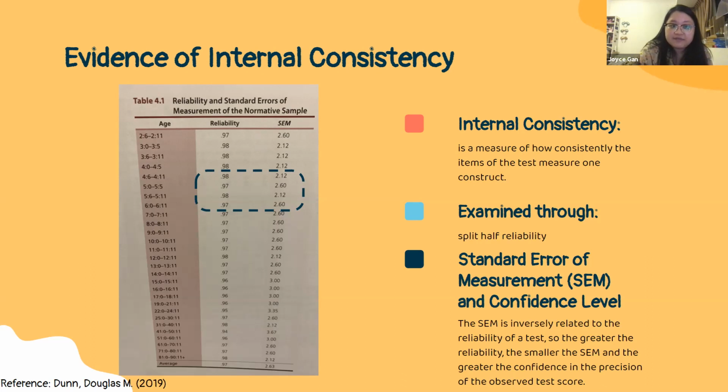The SEM for a single score also indicates the variability expected in obtained scores around the individual's theoretical true score and the observed test scores. In other words, the SEM indicates how much an individual's score may vary if he or she were repeatedly tested on the same instrument under identical circumstances.